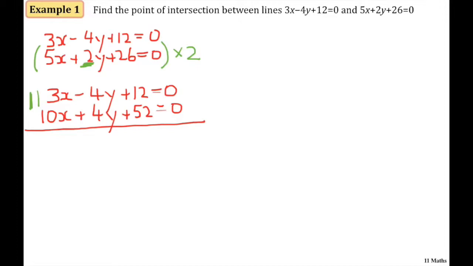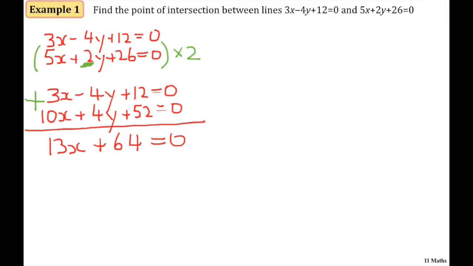Adding the x terms, 3x plus 10x is 13x. Add the y terms, minus 4y added to 4y, it drops out, it gives you 0y. The numbers, 12 plus 52 is 64, and 0 plus 0 is 0.